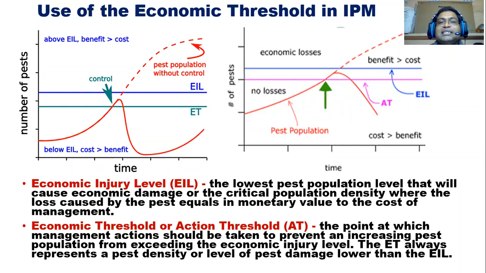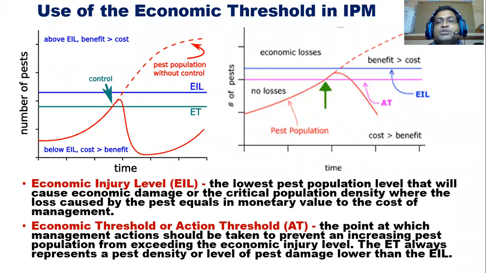So in today's class, we are going to continue further. How are we going to decide at which pest population we take a decision, and how much control measures are needed at this state?